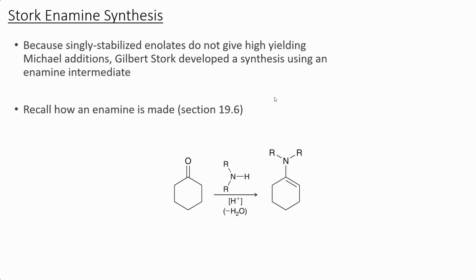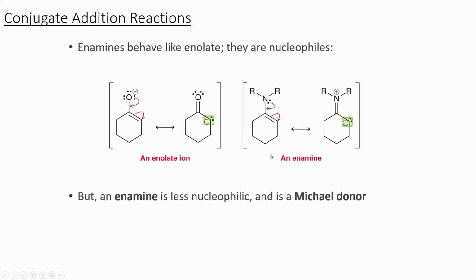We can see here how the enamine is made. We condense an amine with acid to create the enamine, and it has to be a secondary amine. This molecule is going to behave very similarly to an enolate and create a nucleophilic position at the alpha position. And so this is going to be a Michael donor, but it's a little bit less nucleophilic than an enolate.